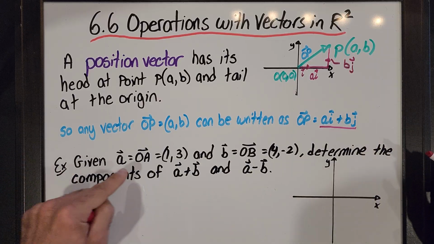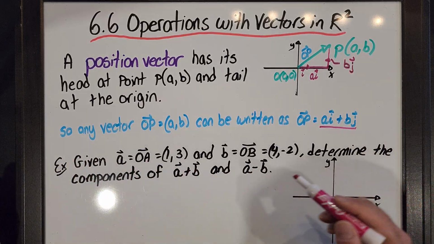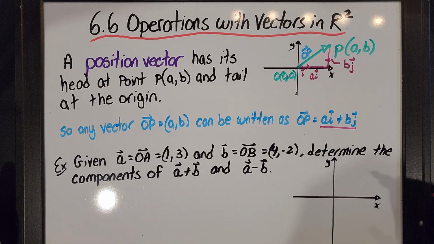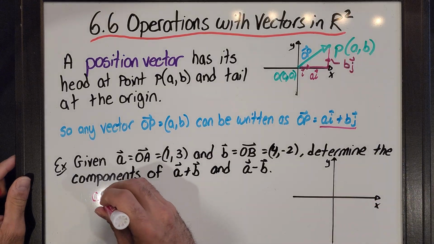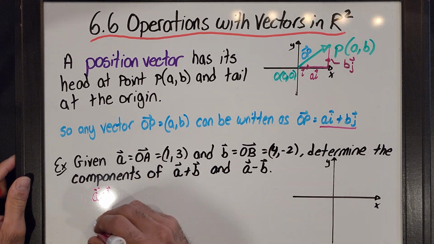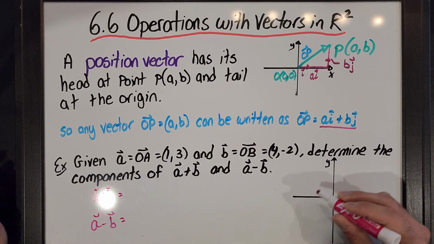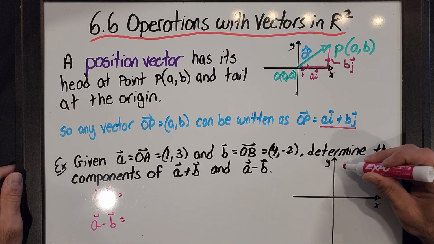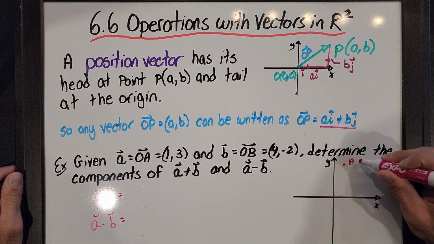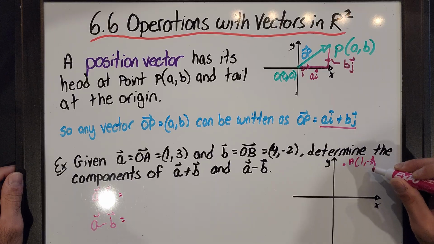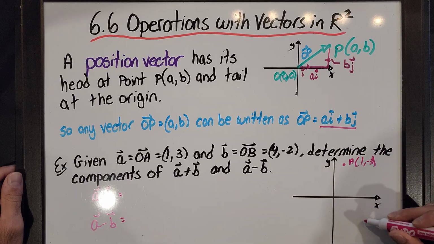If we're given vector A is a position vector OA, and it's at 1, 3, and we know B is 4, negative 2, determine the components of A plus B and A minus B. So I'm just going to write A plus B over here, A minus B. But I'm just going to draw some things to show you where things are at. So for instance, A is 1, negative 3, and B is down here somewhere.